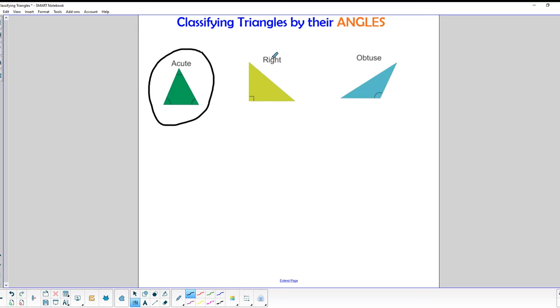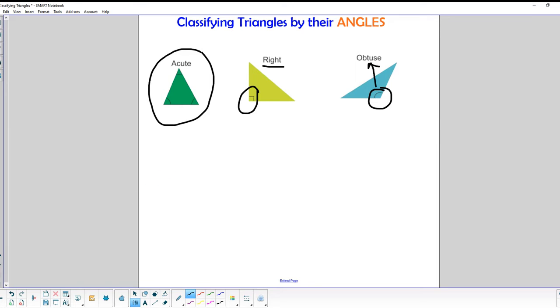If you have a triangle that has one right angle in it, a 90-degree angle, that's considered to be a right triangle, even though one of them's 90 and these other two would be acute angles. Because of the 90-degree angle, this is called a right triangle. If your triangle has one angle that's bigger than 90, that's considered to be an obtuse triangle.